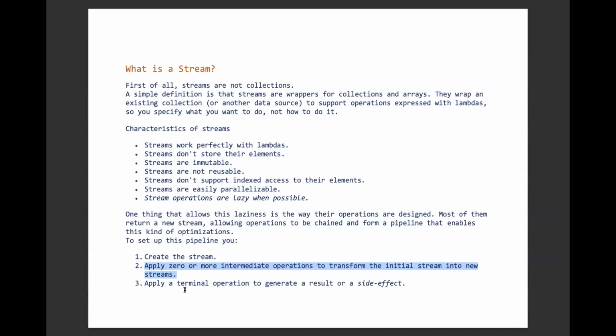So we are continuously adding the operations: I want to do a filter operation, then another filter operation, then a mapping operation, and at the end I want to do some terminal operation, let's say a sum operation. And when I do the sum operation, all the operations which I have accumulated in the pipeline are executed.